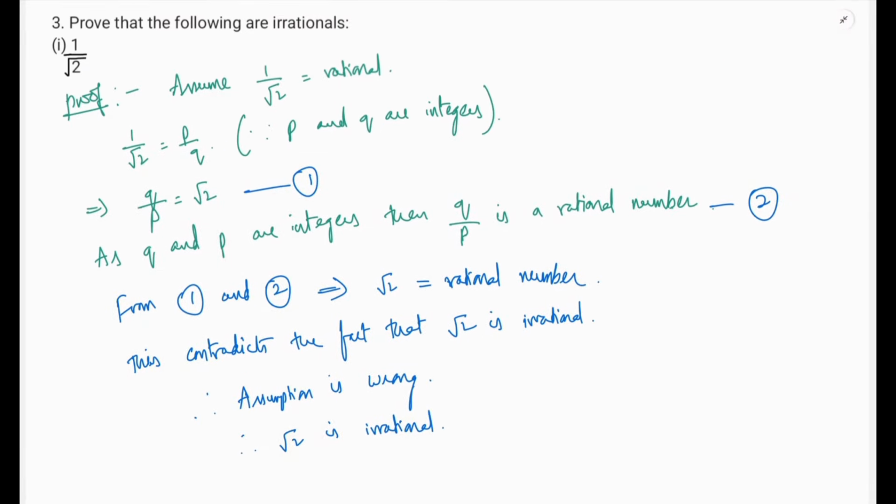See, if you have single numbers like root 2, root 3, root 5, root 7, then you have to do the long process: p and q are integers, you have a common factor, you divide with the common factor, and then numerator and denominator both are co-primes, and you have to prove it by that long method.